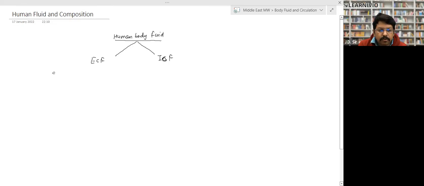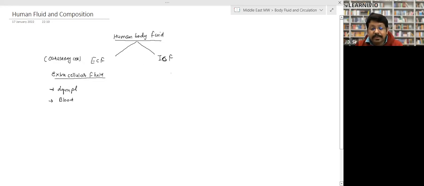ECF is extracellular fluid. What is extracellular fluid? It is the lymph and the blood. Blood and lymph are found outside of the cell. And ICF is intracellular fluid.